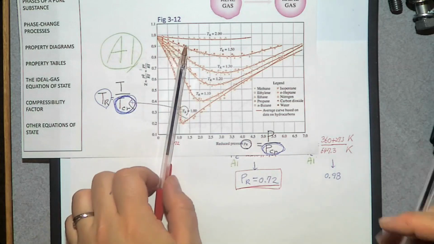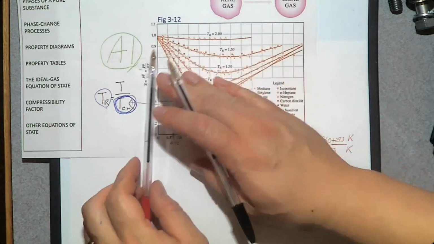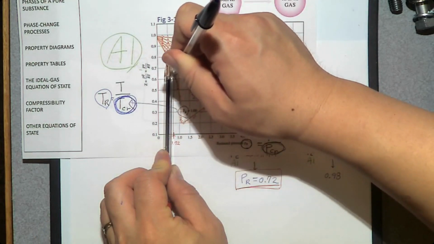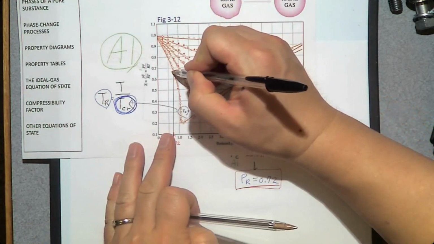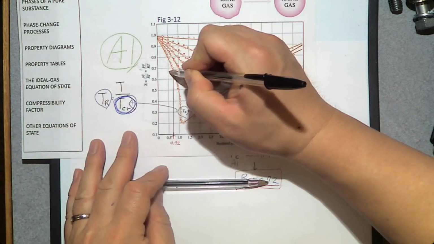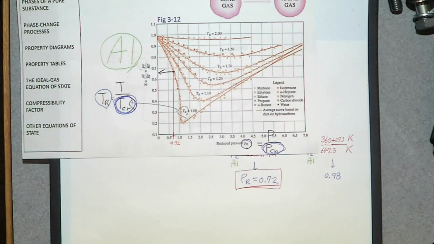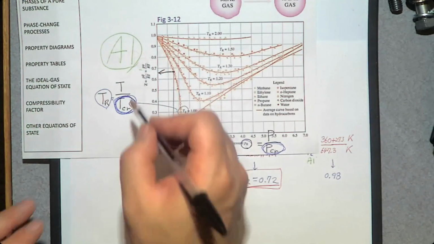So let's find the value. 0.72, somewhere here. So what is the Z value? Approximately, I think 0.67.